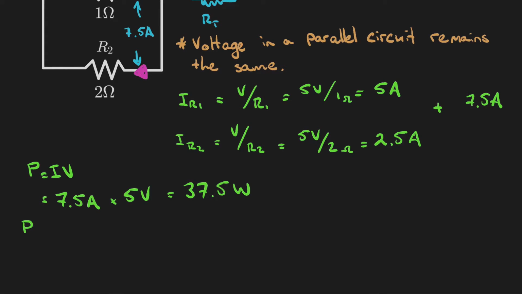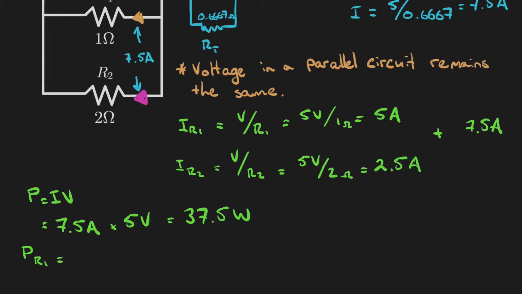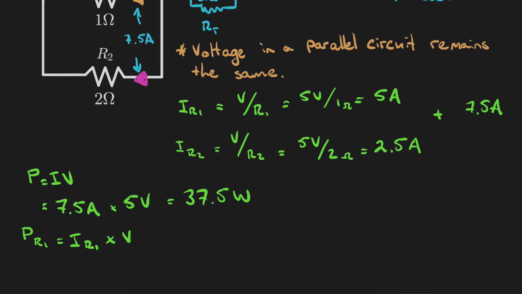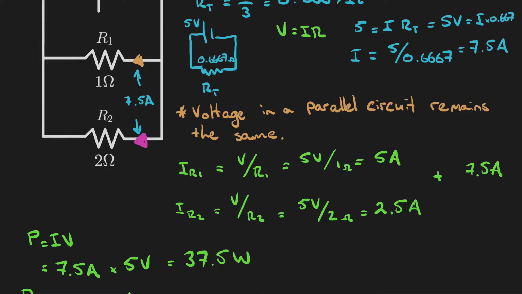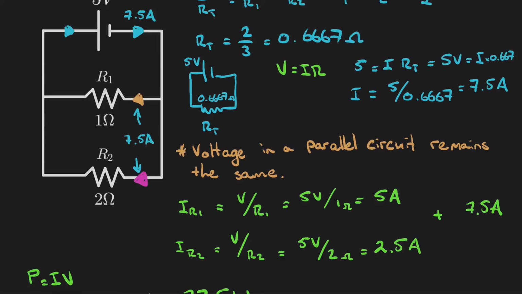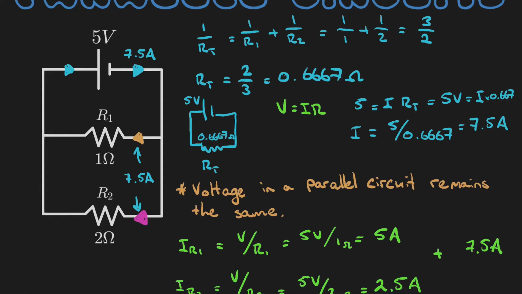power in, say, resistor 1 equals the current flowing through resistor 1 times the voltage. And we now know from before that the current flowing through the resistor 1 is 5 amps. And the voltage, like I said before, the voltage in a parallel circuit remains the same, which is 5 volts.